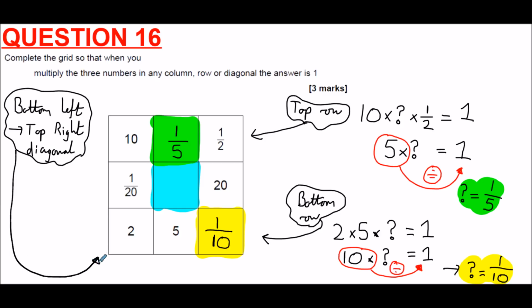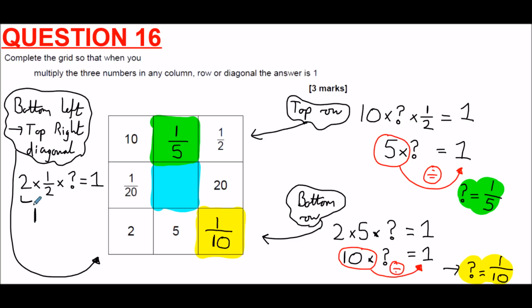So whatever this one here is, when we multiply the numbers in this line together, 2 times a half times the mystery number needs to equal 1. Now 2 times a half, 2 halves, would make 1.